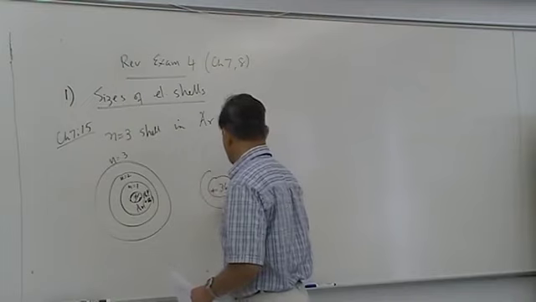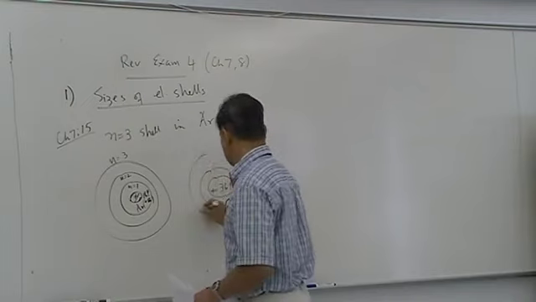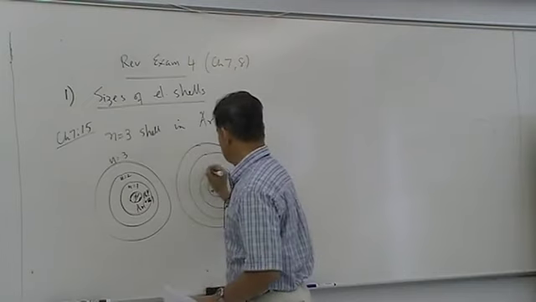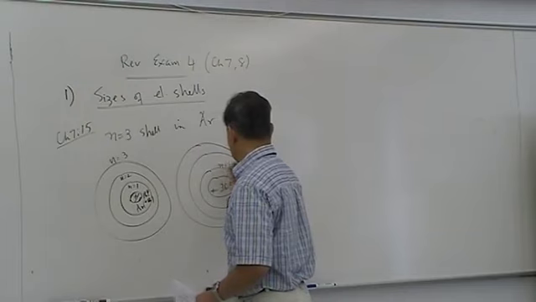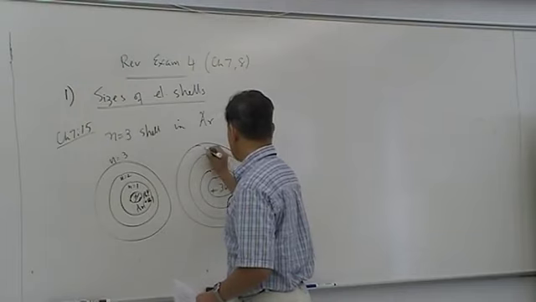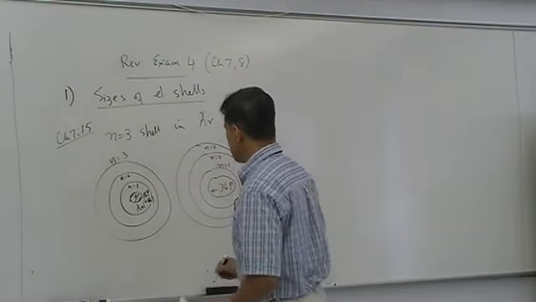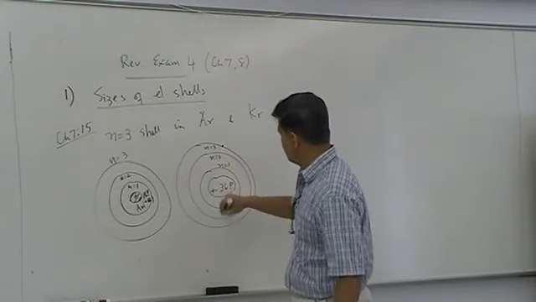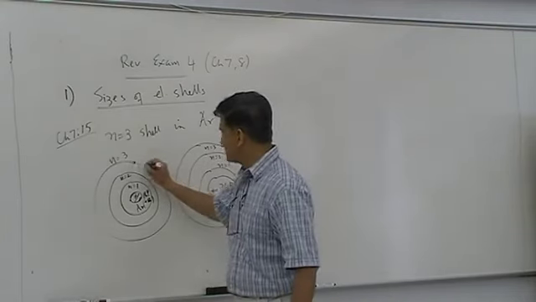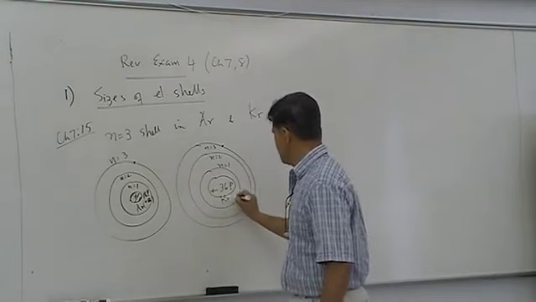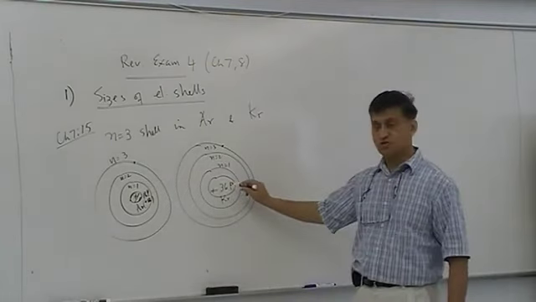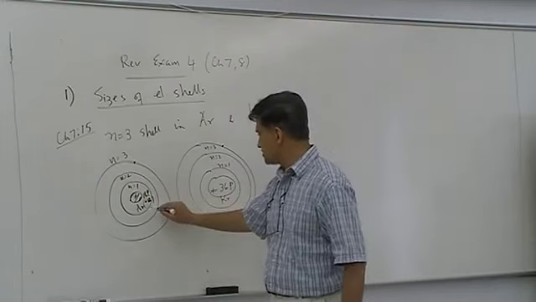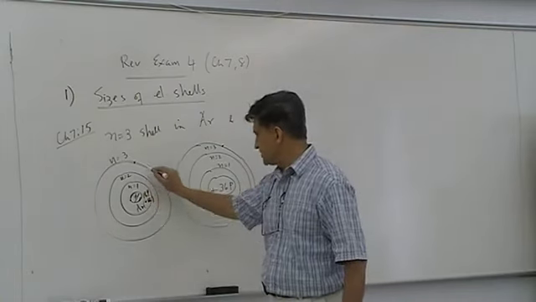This is n equals 1, n equals 2, n equals 3. Now let's assume that there is an electron sitting in n equals 3 in both argon and krypton. This is krypton, by the way. Krypton has 36 protons, that gives positive 36. Argon has 18 protons, gives plus 18.